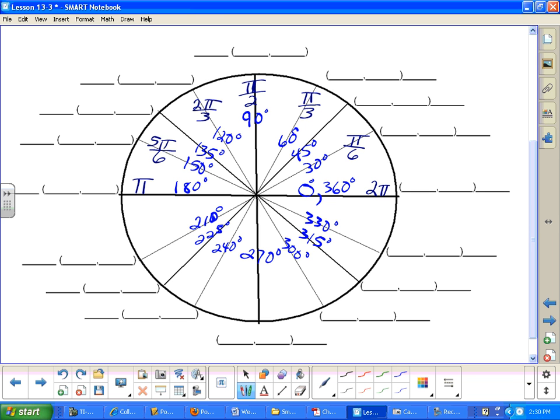So then we have 6 over 6 for pi. Then 7/6, so 7 pi over 6. Then 8, which is 4/3. Then 9, and 9 over 6 is what? 3 over 2, yeah, 3 pi over 2.